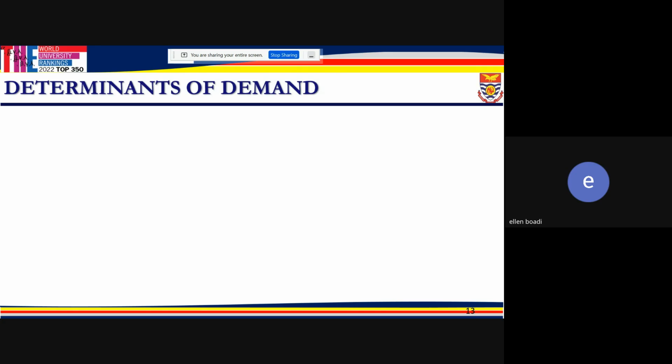What else? One last small influence. Apart from income and taste and preference, what else can influence quantity? Price of a related commodity. So what do we mean by that? Substitute goods, like Milo and Cowbell coffee.